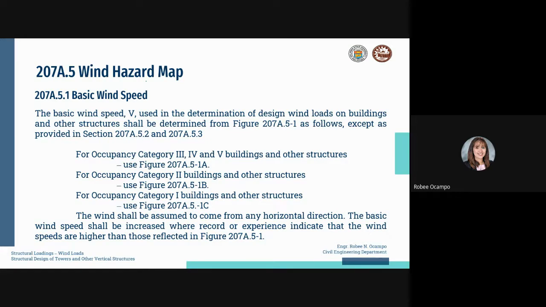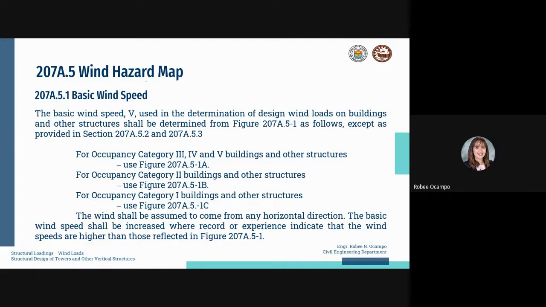The basic wind speed shall be increased when records or experience indicate that the wind speeds are higher than those reflected in this figure. So, for example, in a particular area here in Palawan, the basic wind speed is 200 kilometers per hour.